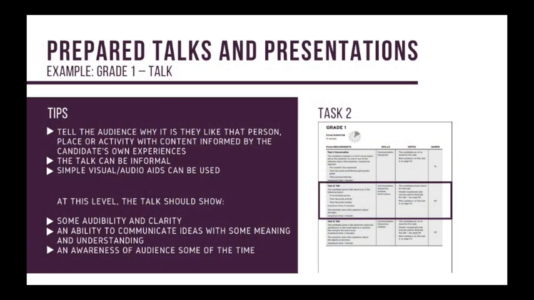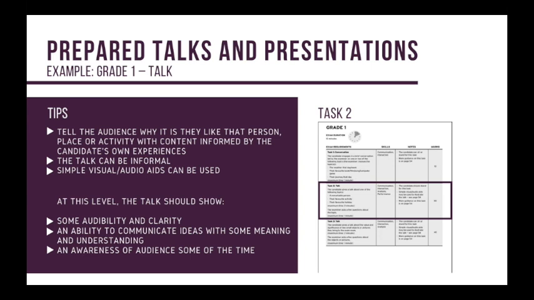Let's look at an example. In grade 1, task 2, the candidate here gives a talk about one of the following topics: a remarkable person, or their favorite holiday, or their favorite activity. The aim is to provide information that informs the audience why it is that they like that person, or the place, or the activity.